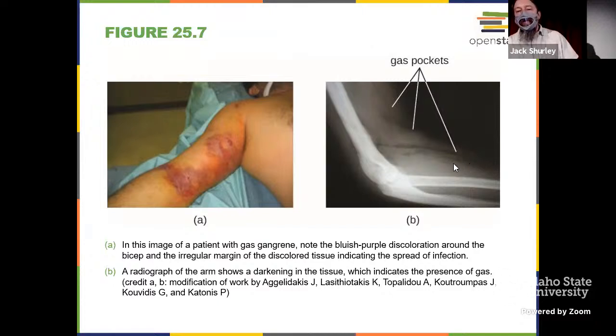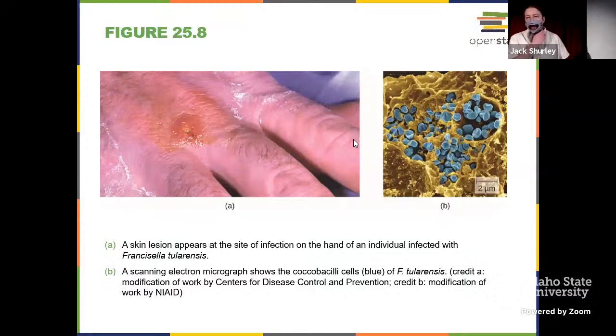The X-ray shows the gas gangrene. As the Clostridium is replicating, it's producing gas, and there are numerous pockets forming within the tissues that are apparent with the X-ray. So kind of crazy.